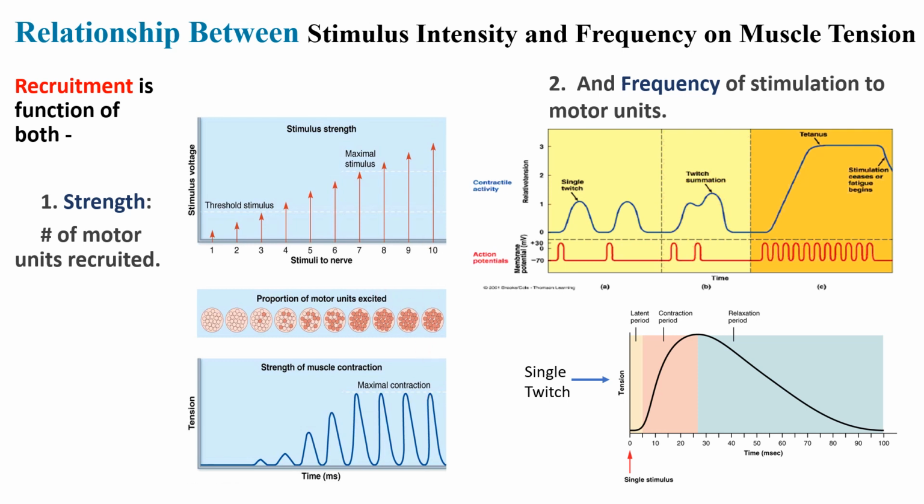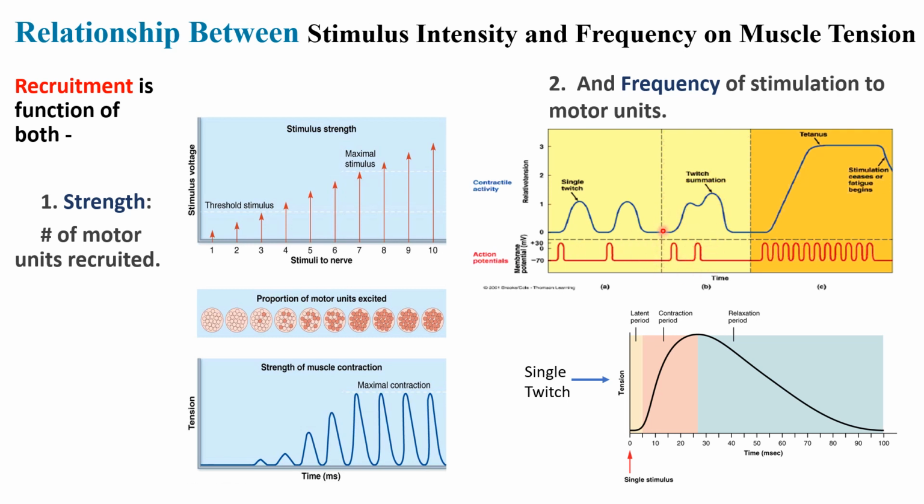Now, you can also get the frequency of stimulation. That is to say, if you fire off a stimulus, here's a stimulus here, you'll get a certain kind of contraction. You let it fully relax and you fire it off again, you get the same strength of contraction. This is one muscle fiber, okay? This is all one muscle fiber. But if you fire and then you fire again, you'll get a stronger contraction than you would have, even though the stimulus is the same size.